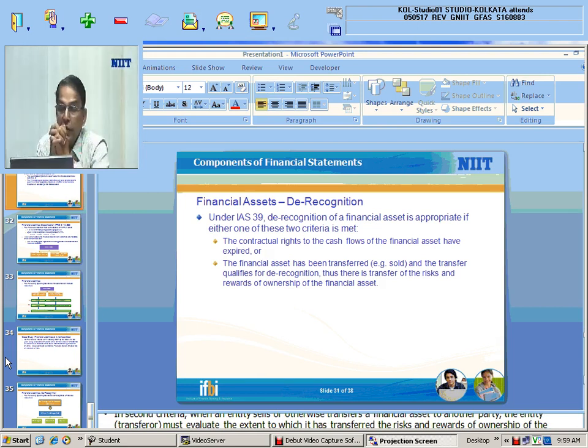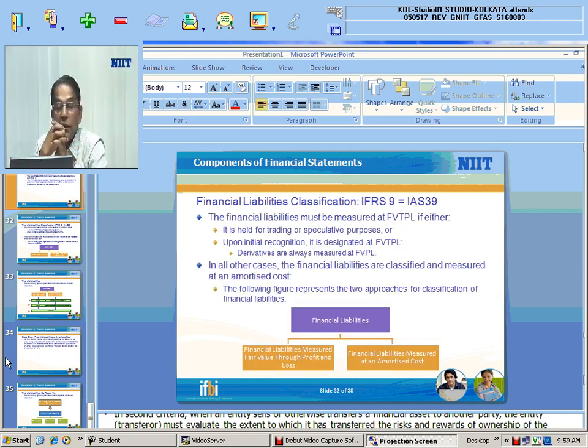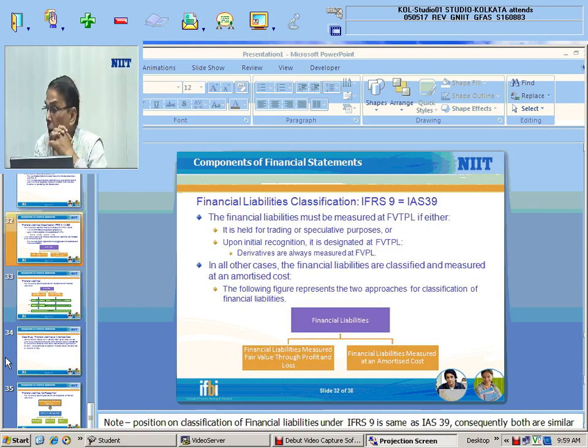Now we talk about financial liabilities and classification of financial liabilities under IFRS 9. The same classification applies under IFRS 9 as also IAS 39. In case of financial assets, we have seen the classifications are different under IAS 39 and IFRS 9. IAS 39 provides for 4 classifications, whereas IFRS 9, which is going to be mandatory from 1st January of the next year, provides for only 2 classifications of financial assets.